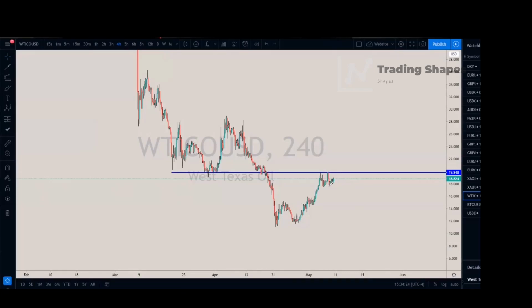Or is it going to do a 5-wave correction and continue its way up? Let's find out. Let them collect the orders.